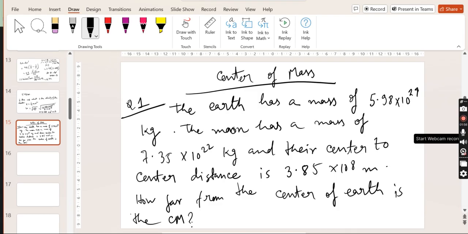The Earth has a mass of 5.98 into 10 to the power 24 kg, and the Moon has a mass of 7.35 into 10 to the power 22 kg, and the distance between their centers is 3.85 into 10 to the power 8 meter. So we are asked how far from the center of Earth is the center of mass.